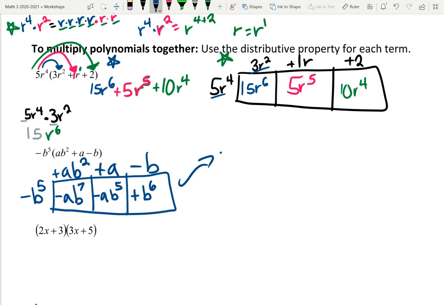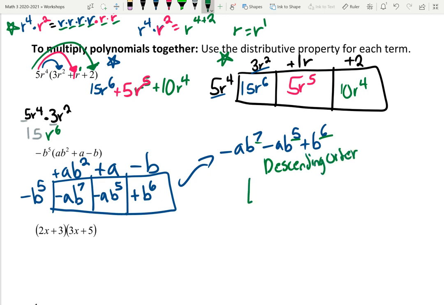And voila, I get negative ab to the 7th minus ab to the 5th plus b to the 6th. Notice how I'm writing it in descending order. This is considered standard procedure.